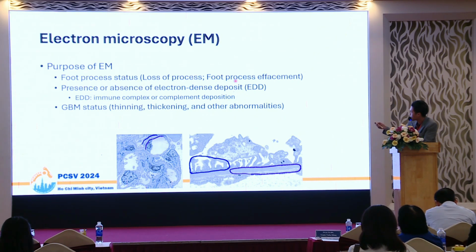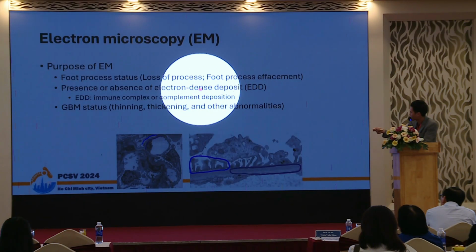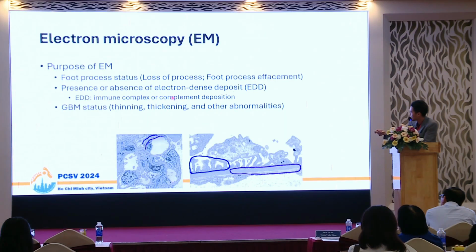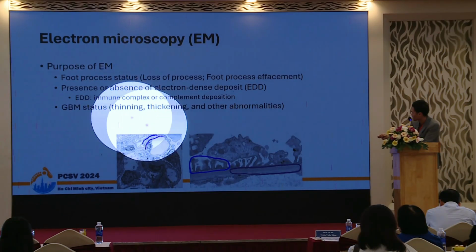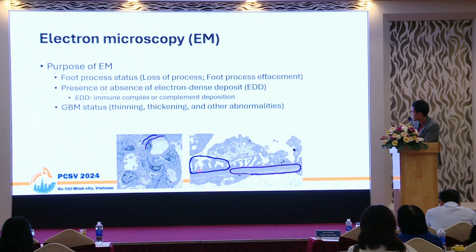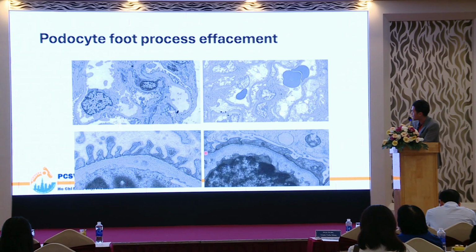Another thing we can identify using electron microscopy is electron dense deposit, which is an immune complex or complement deposit identified in IF. Or using EM, we can directly identify the status of GBM, thickening or thinning or other abnormality.